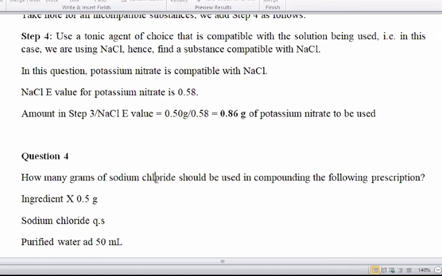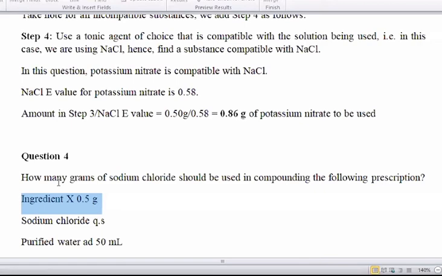You are given a new substance or a new product on the market. That new product is being referred to as maybe ingredient X in the question or in the formula that we have.